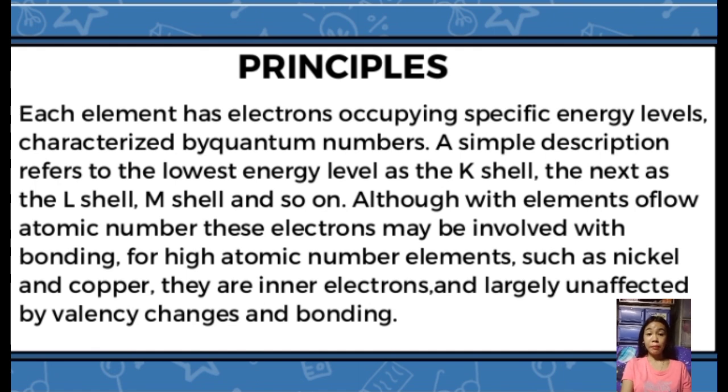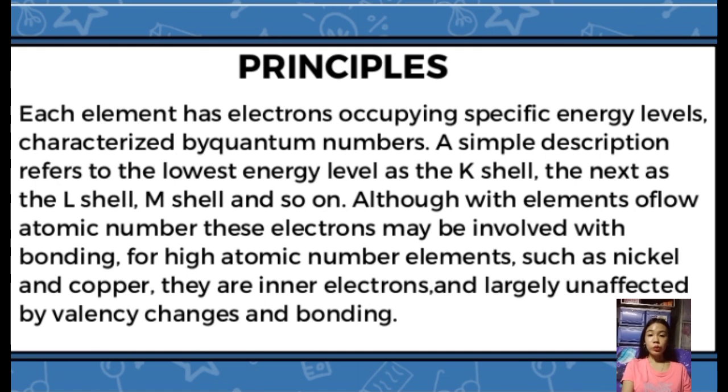However, for elements with high atomic numbers such as nickel and copper, the situation becomes more complex. The inner electrons, primarily those occupying the K-shell, are largely unaffected by changes in valency and bonding.